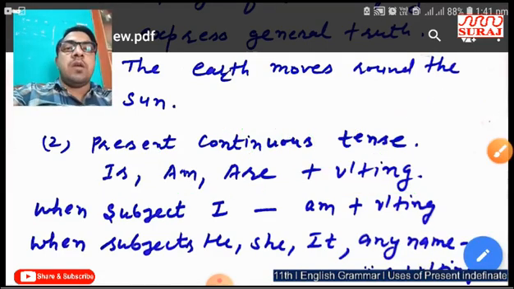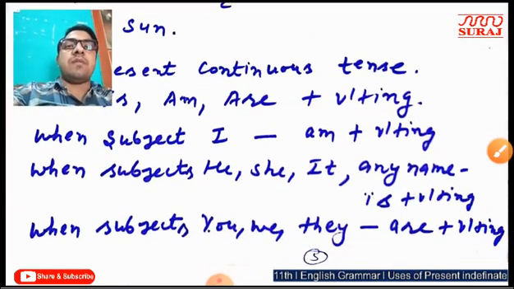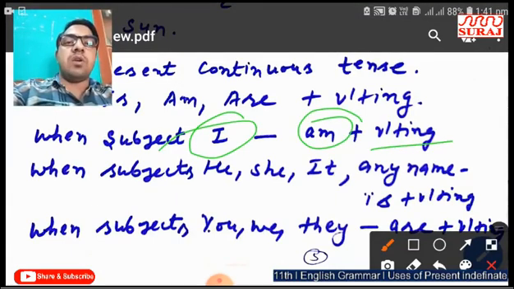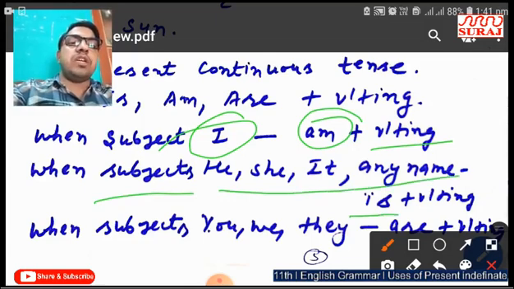We should remember some general points regarding present continuous. When the subject is I, we should use am along with first form plus ing. When the subject is he, she, it, any name, we should use is along with first form plus ing.